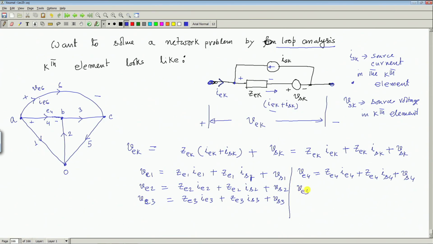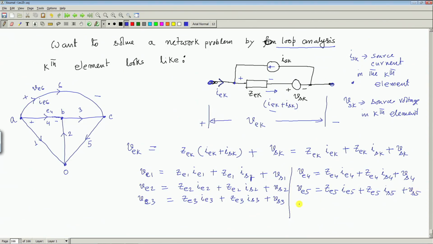VE5, quickly let me write, ZE5 IE5 plus ZE5 IS5 plus VS5.